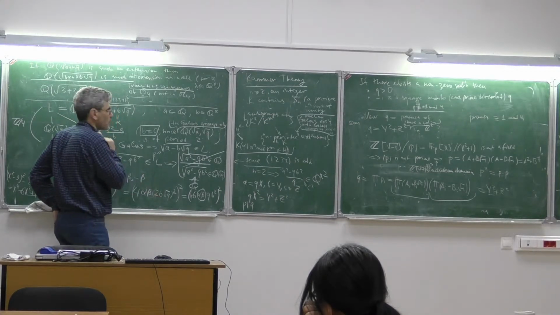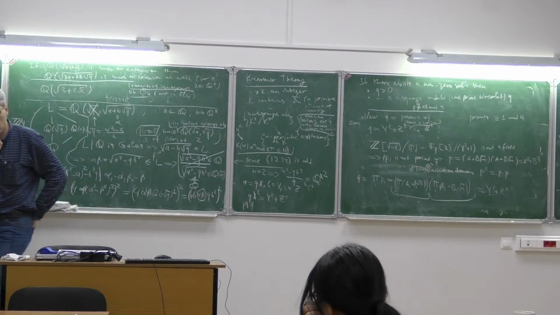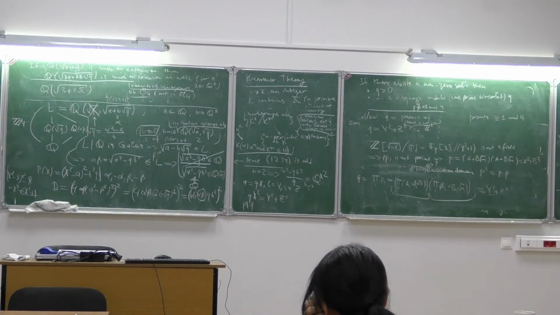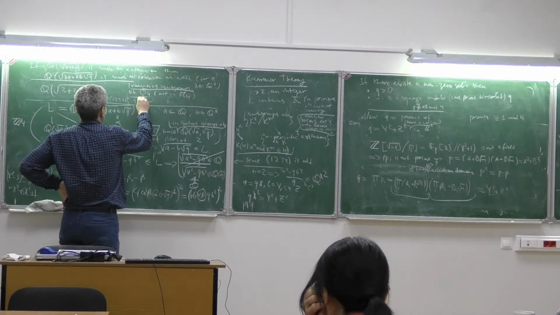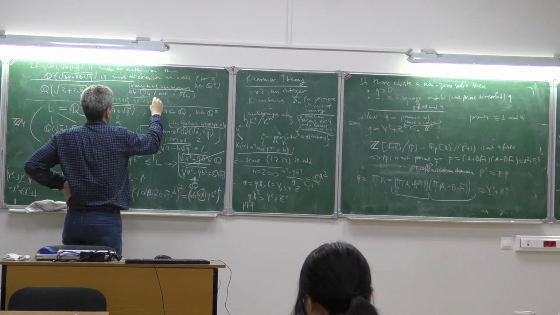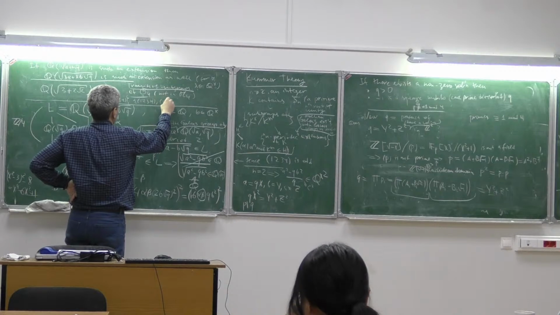Maybe those generated by (1 2 3 4) and (1 2)(3 4), something like this.